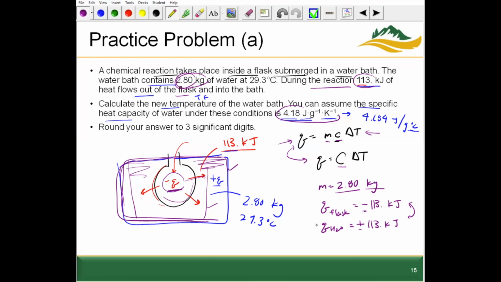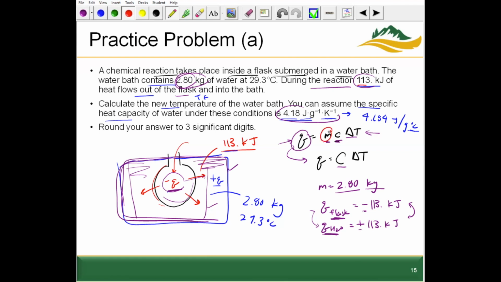We don't equate the terms for the specific heat capacity or the change in temperature or the mass, but we do equate these heat terms for the system and its surroundings, right? So here is our system, here are the surroundings. Whatever heat is lost by the system, the heat is gained by these surroundings. So we can equate these heat terms or Q values.